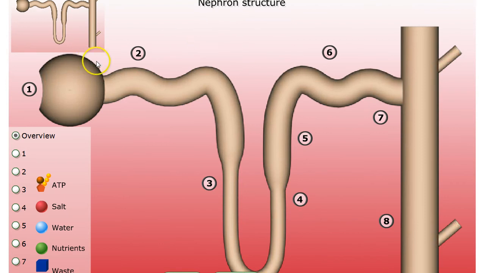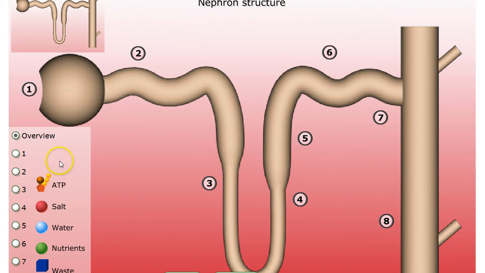If we look at this oversimplified nephron, what is this area where my arrow is? Bowman's capsule, then it extends into the proximal convoluted tubule, then to the descending limb of the loop of Henle, then the ascending limb, then we get to the distal convoluted tubule, and now the collecting duct.